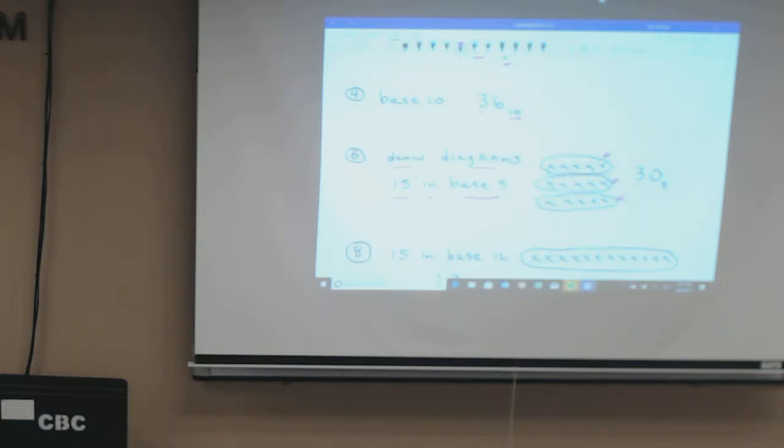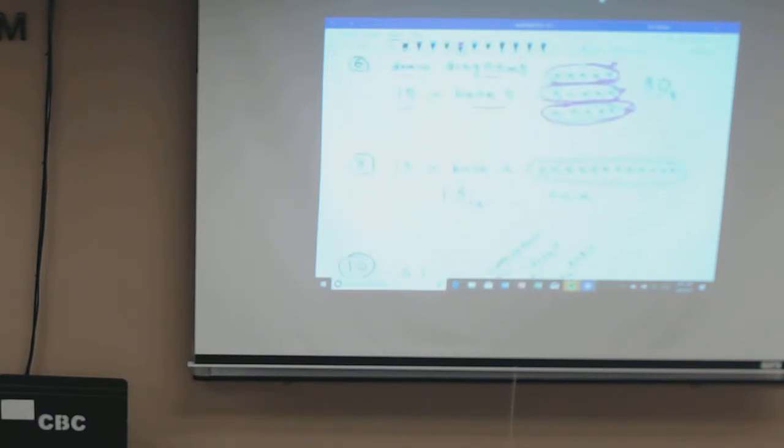So I just made 15 x's and then circled them, put them in groups of 5 because the base is 5. So there's my 15. So what's this numeral? 3 0 in the base 5. 3 5s and no 1s. You follow what I did?